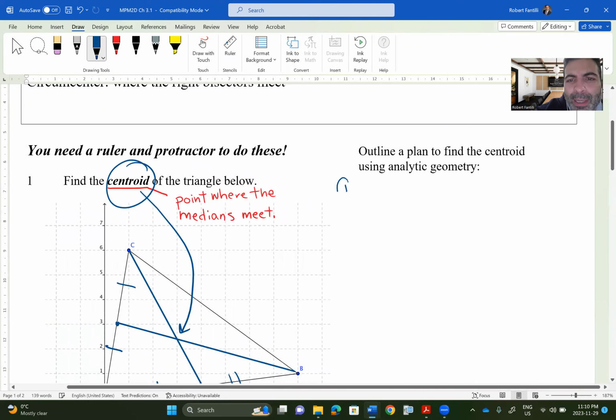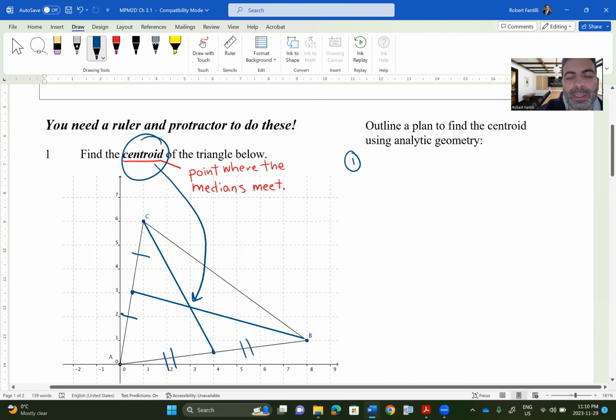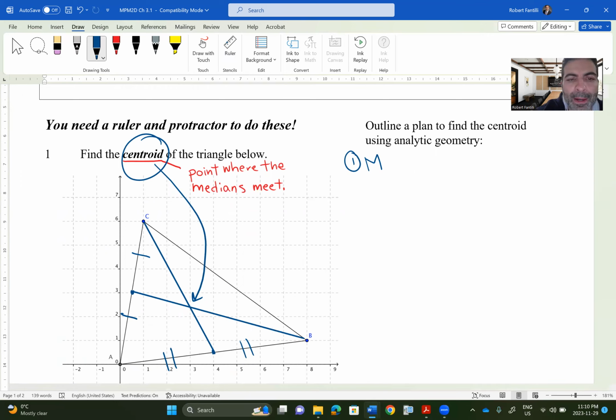The first thing I'm going to want to do, if I'm finding the centroid algebraically, is find the midpoint. We found the midpoint for the first median, of line AC. That was the first thing we did. The second thing is that we're going to have to find the equation of that line. So let's take a look at the steps. In order to find the point of intersection, I need to first find the equation of what I just highlighted in yellow.